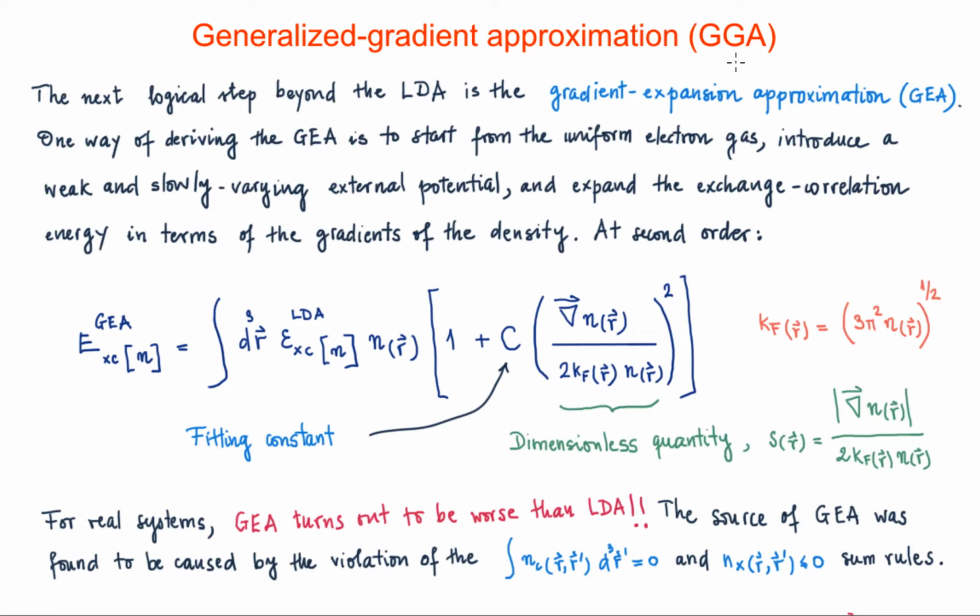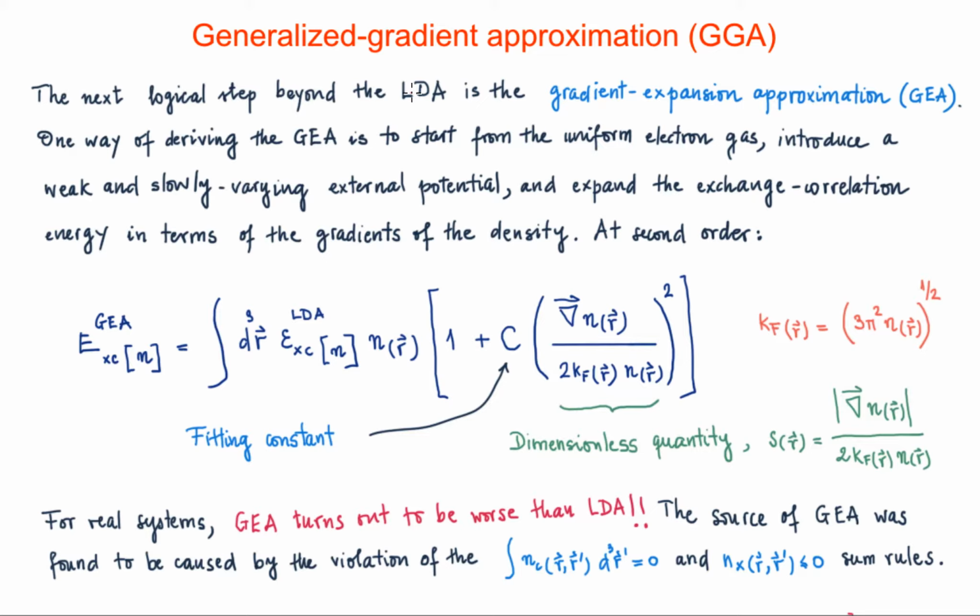Actually, it's a logical step in the sense that the local density approximation takes as a reference the uniform electron gas, and basically what it's doing is substituting the constant density you have in the uniform electron gas with the actual density you have at each point. So here, besides including the information of the density, you also want to include how the density changes from one point to the other.